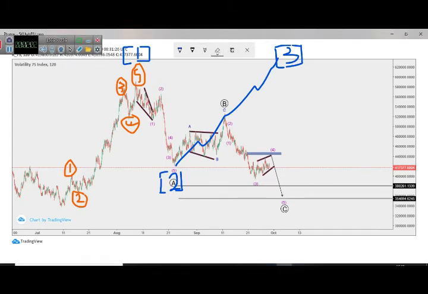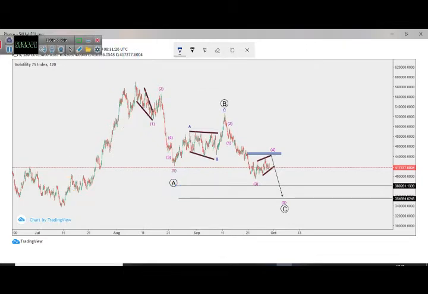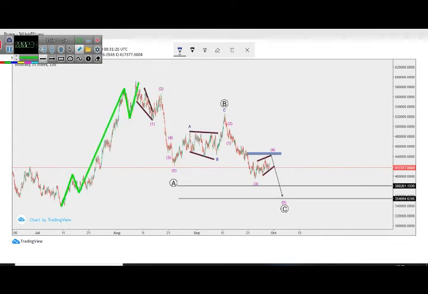Instead, we had a move like this: 1, 2, 3, 4, 5.